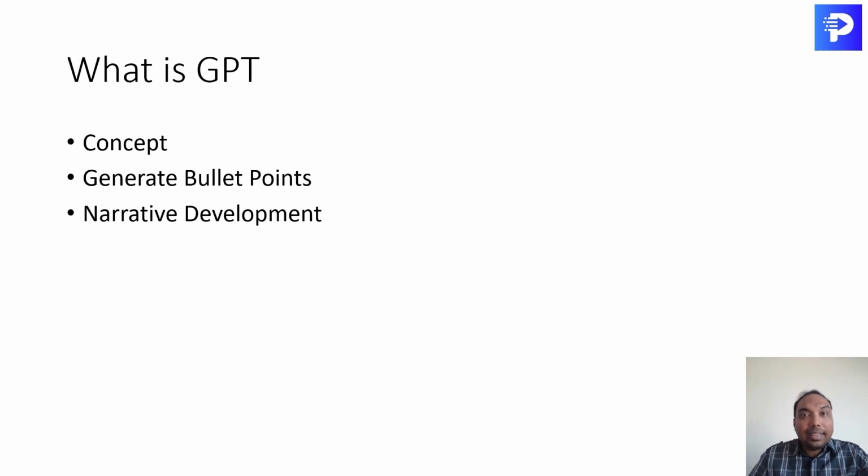In essence, GPT's ability to generate bullet points helps in laying out the presentation's main ideas clearly, while its capacity for narrative creation allows for the expansion of these ideas into comprehensive discussions, making the overall presentation more engaging and informative.